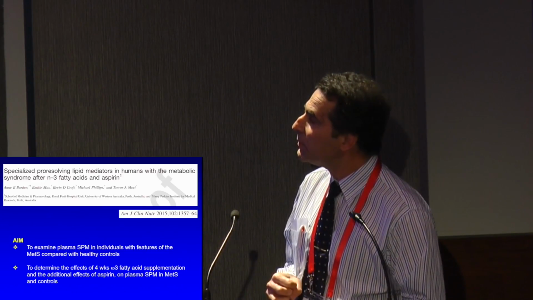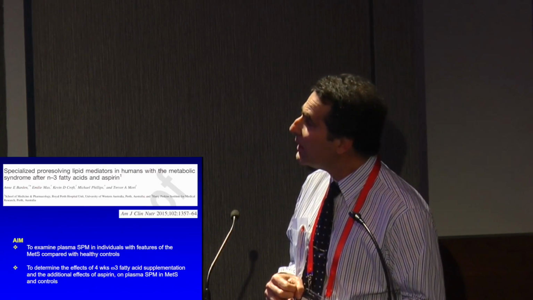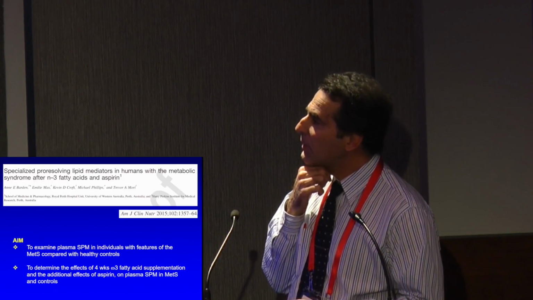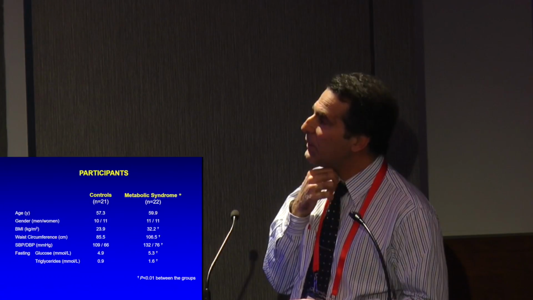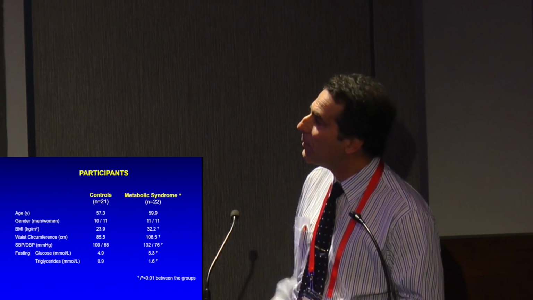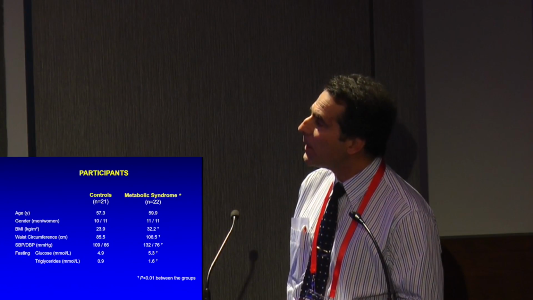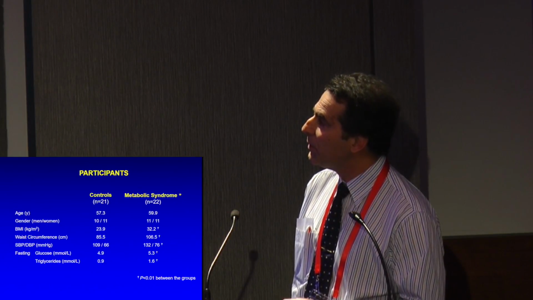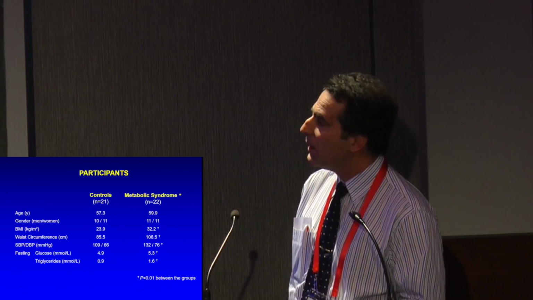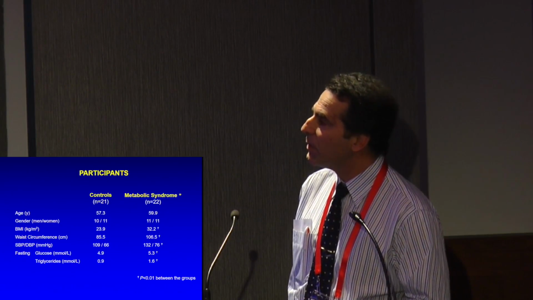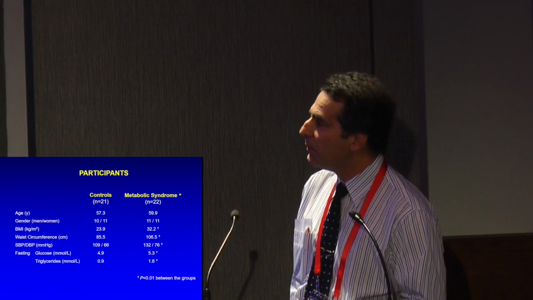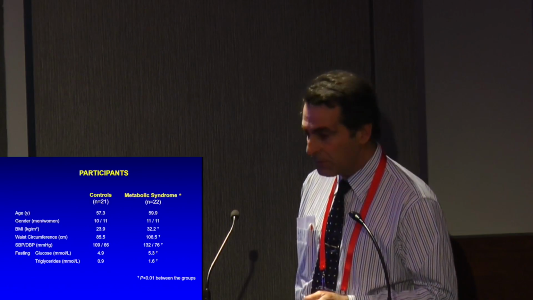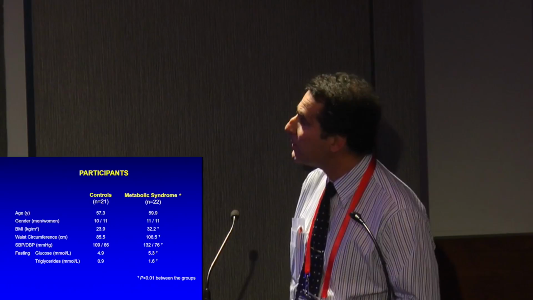These were healthy individuals. So we repeated this study, but we repeated it in groups or individuals that had features of the metabolic syndrome. And so we had 43 volunteers in this study, 22 with features of the metabolic syndrome and 21 controls. And those with metabolic syndrome-like features, not surprisingly, were overweight, had higher blood pressure, fasting glucose and triglycerides, as I guess you might expect.